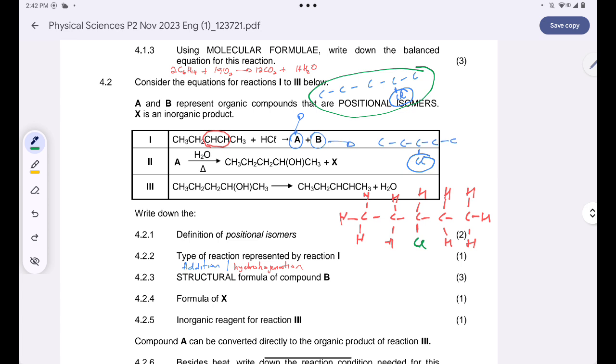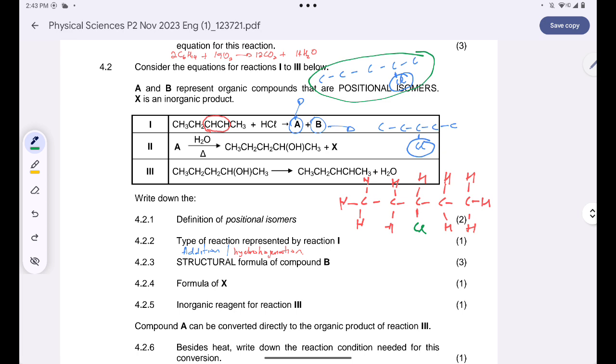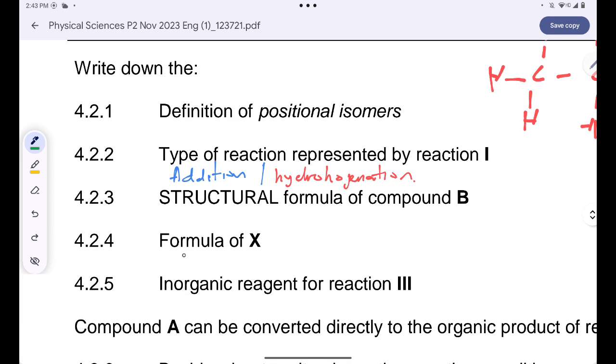So they are taking our 2-chloropentane, reacting it with water, and then we end up having an alcohol. So what's happening here, guys? This is a substitution reaction whereby you are replacing a halogen with the hydroxide ion. Are you together? This type of reaction is called hydrolysis. So since we are replacing the halogen with the OH ions, that means the formula X will be our hydrochloric acid or HCl.